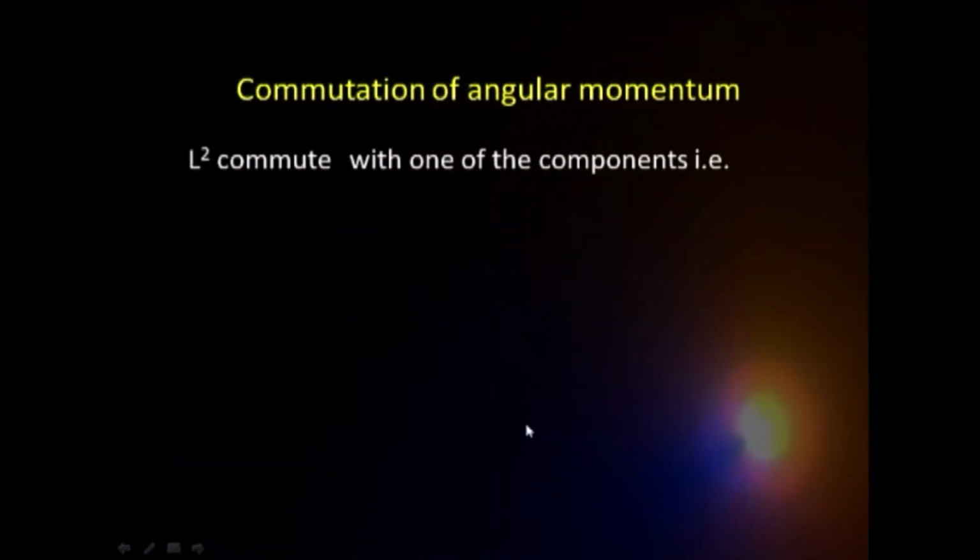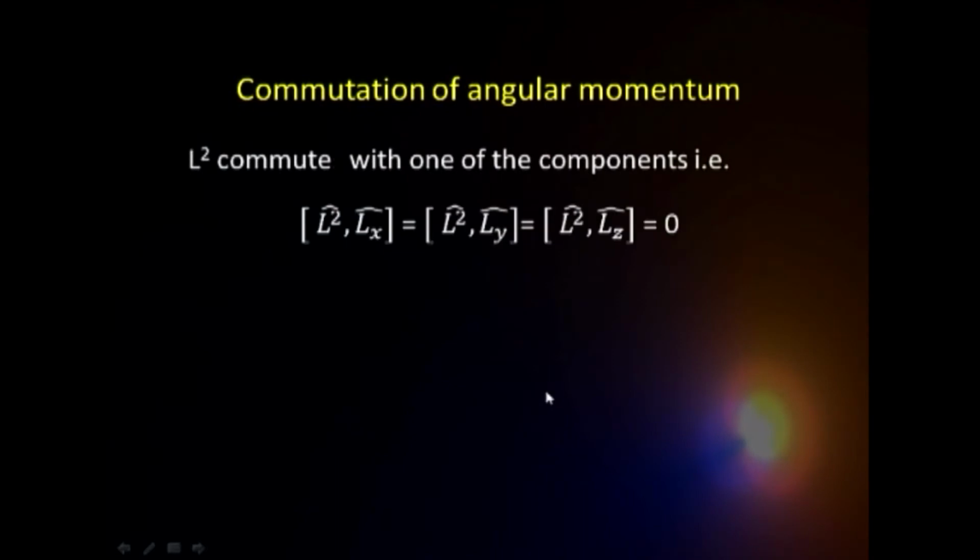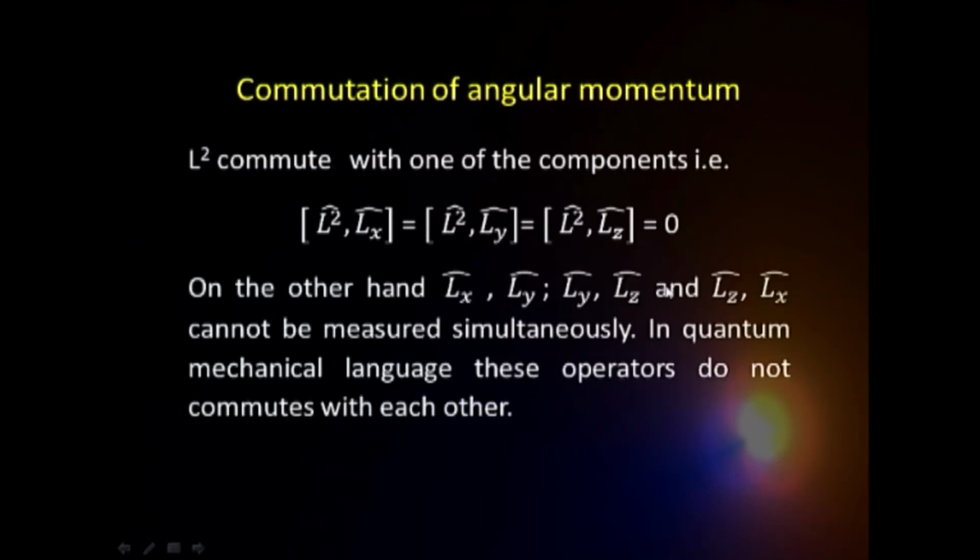Let us look at which terms we can measure simultaneously. If I have L square with Lx, L square with Ly and L square with Lz, and we do the commutation of each, we are going to get 0, which means that the total angular momentum and any of the components commute and can be measured simultaneously, but the individual components do not commute.